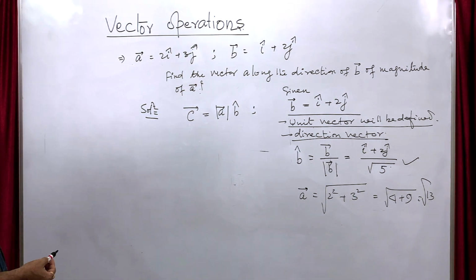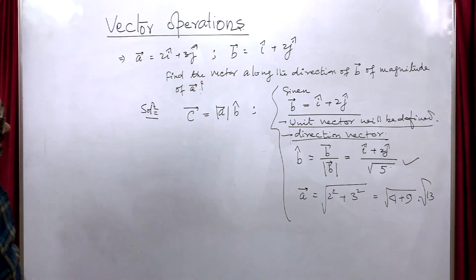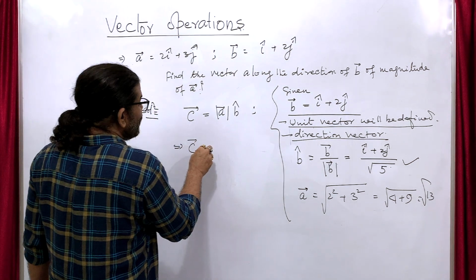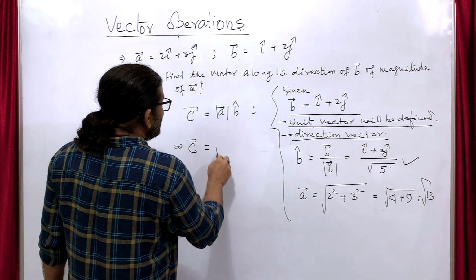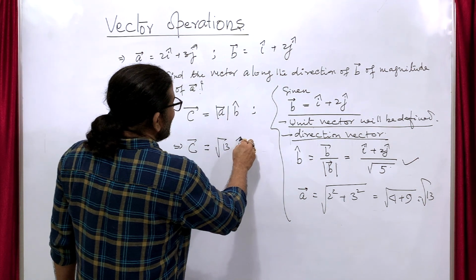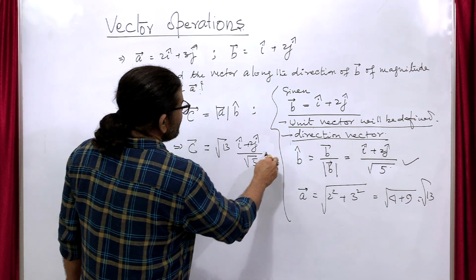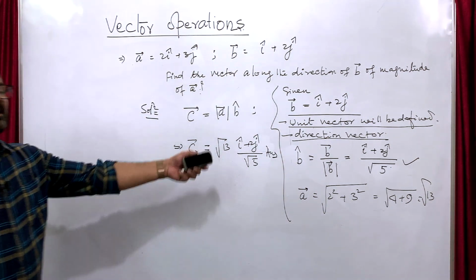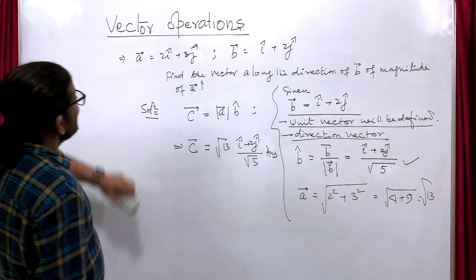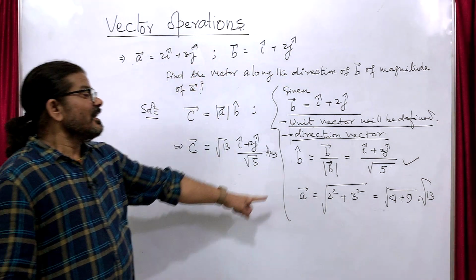So now all the background material is already prepared, and directly we can write the C vector whose magnitude will be root 13 and direction will be i cap plus 2j cap divided by root 5, and if unit is given, you can write the unit, and this is going to be your answer. So if you go in this way, very easily you can define this vector.